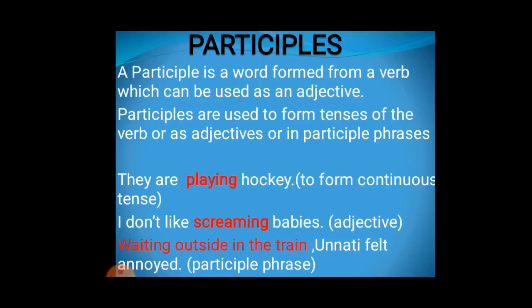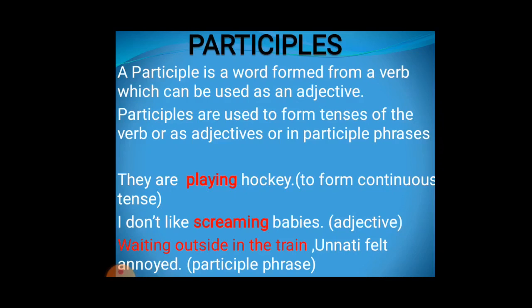Now the third non-finite verb is participles. A participle is a word which is formed from a verb again and which can be used as an adjective. Participles are used to form tenses of the verb or as adjectives or in participle phrases.